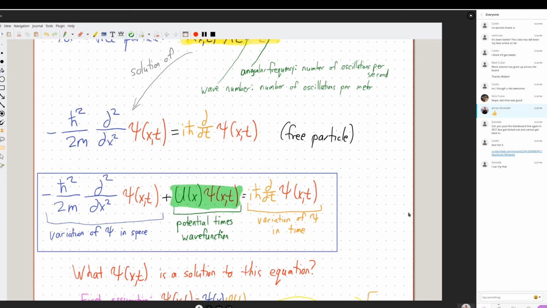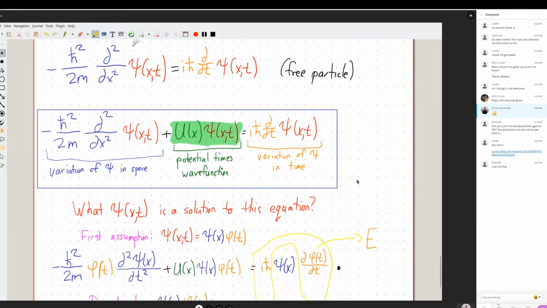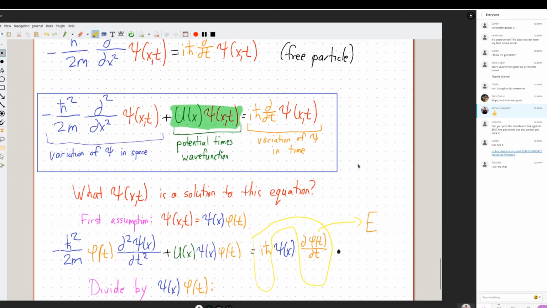So this is called a partial differential equation because it involves derivatives with respect to different things and a function of multiple variables. The math department teaches entire classes in partial differential equations. They are not fun. I never took one, so I'm bad at this. But we're going to explore some techniques for solving this.